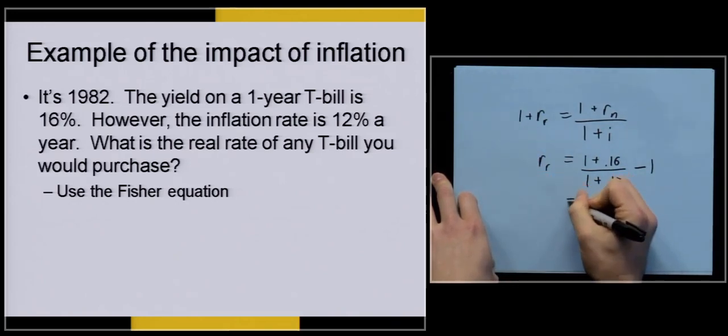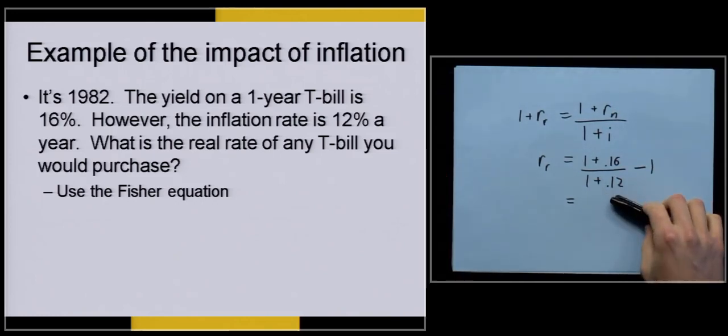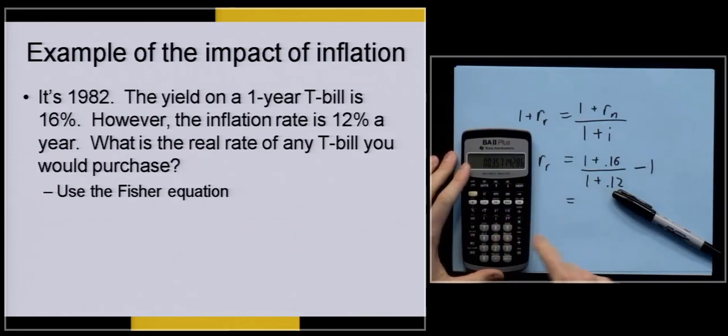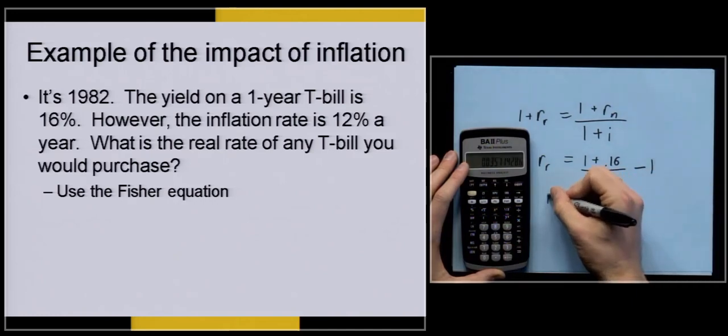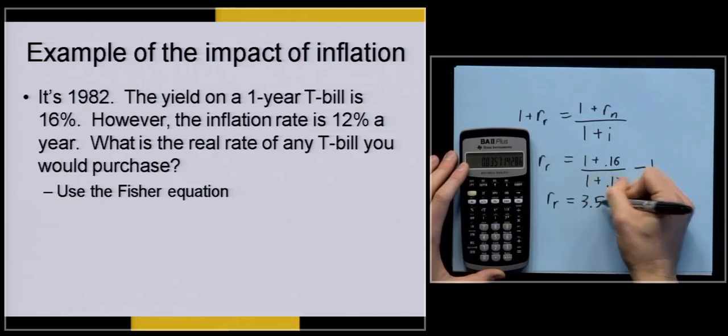So if we want to calculate the real interest rate in this economy, all we have to do is take 1.16 divided by 1.12, subtract 1, and we have our real interest rate. And that is 3.57%.